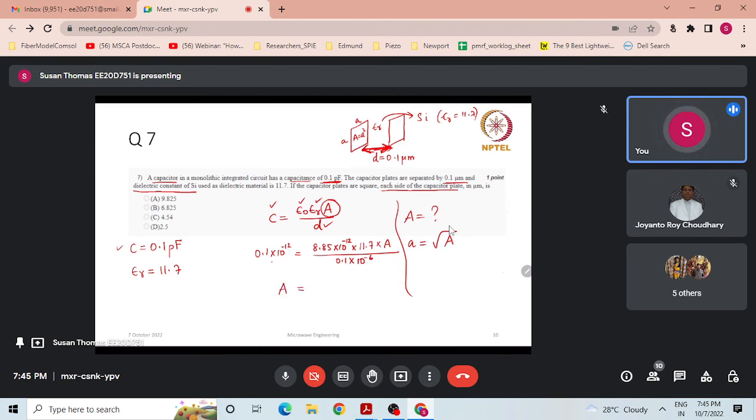Can anybody please let me know what is the area? Can you all try to calculate and give your answers in the chat? Very simple to calculate. Please try. Once you get the area, you can find out the side of the capacitor plate. If anybody can get me the final answer, that's also fine. All of you can try.